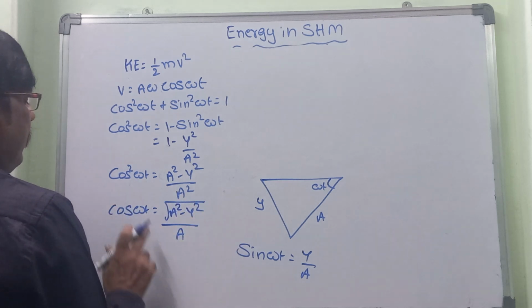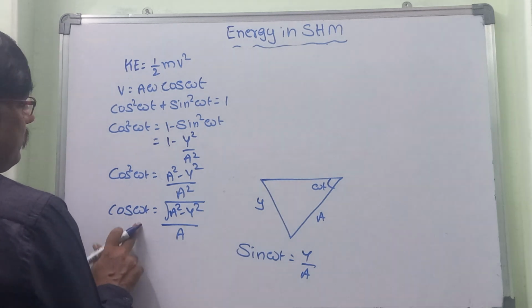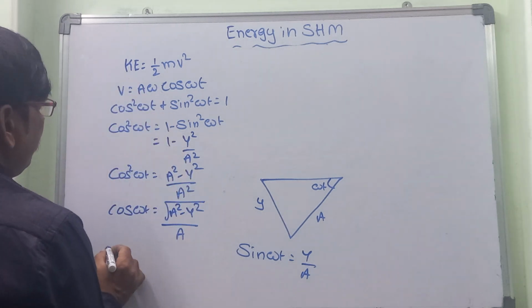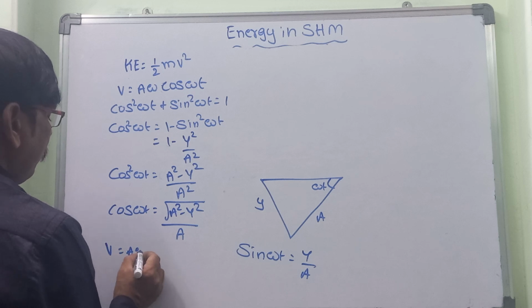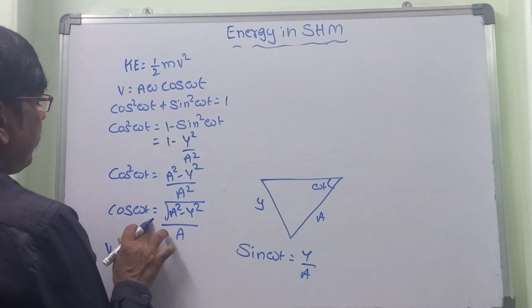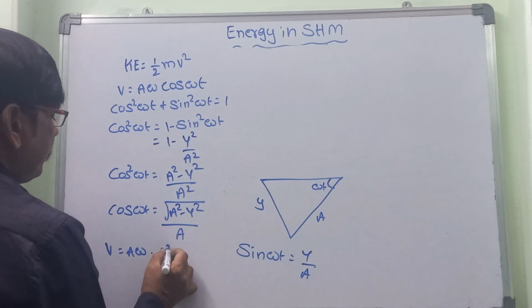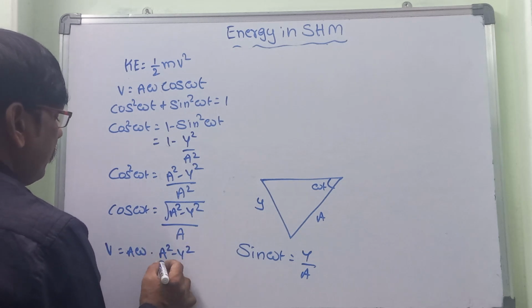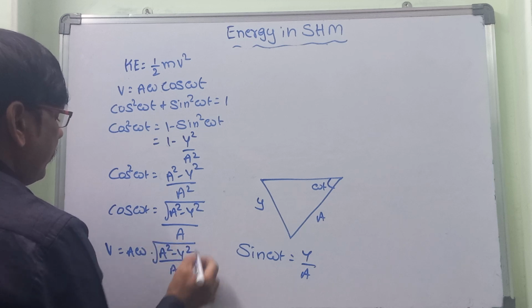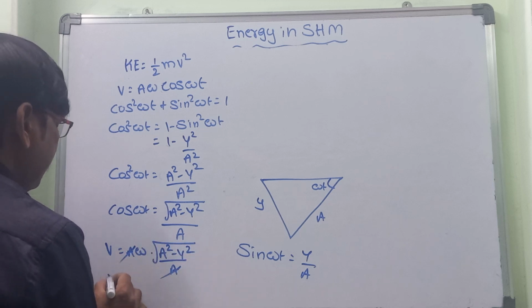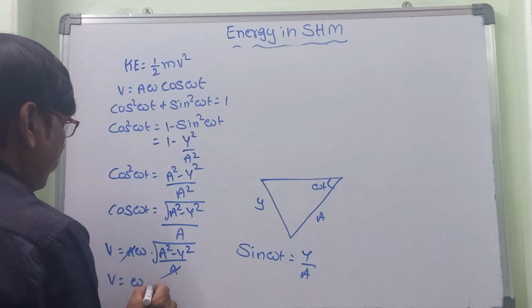Now let us apply this expression in the velocity expression. So v is equal to a omega, and instead of cos omega t we write this: square root of a square minus y square by a. Here a gets cancelled, and v is equal to omega times the square root of a square minus y square.